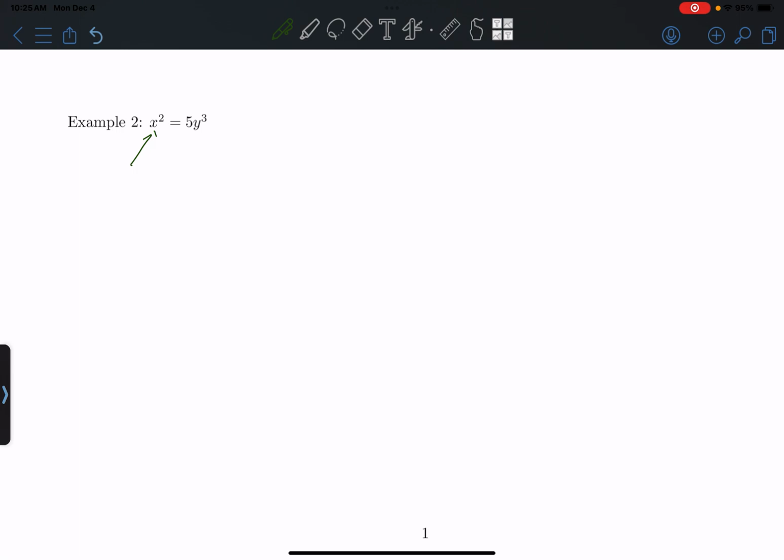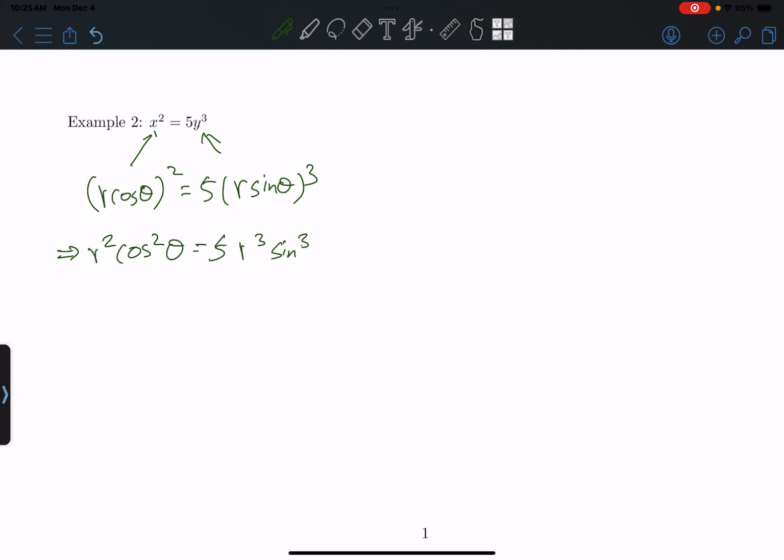We're going to substitute x with r cosine theta squared, and substitute y with r sine theta to the third. Distributing powers, I get r squared cosine squared theta equals 5r cubed sine cubed theta.